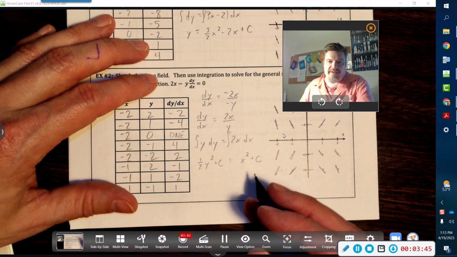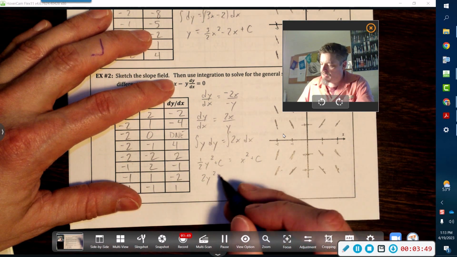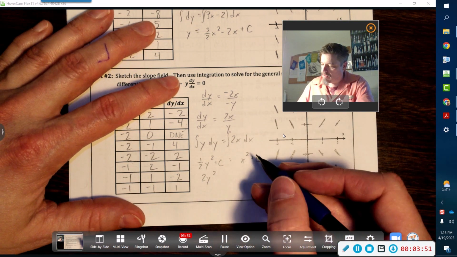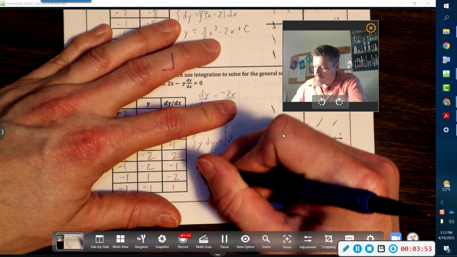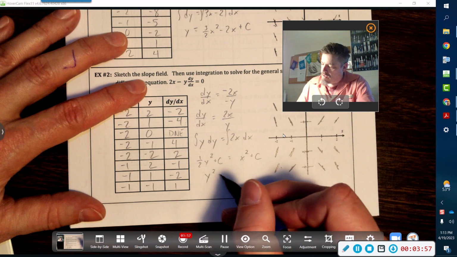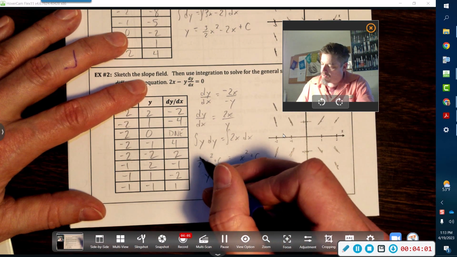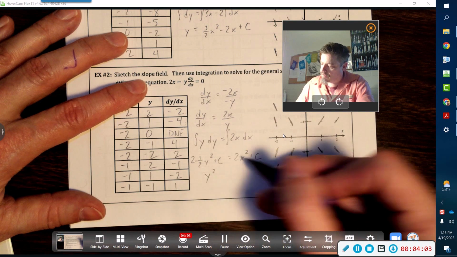Now if I put these together, let's multiply everything by 2 to get rid of that fraction, and then we'll move this one over here. Multiply by 2 and 2.